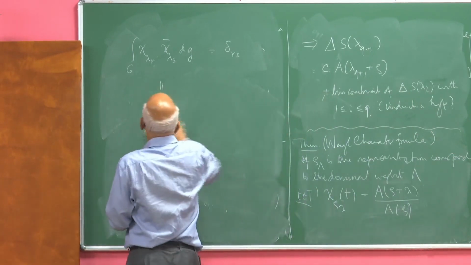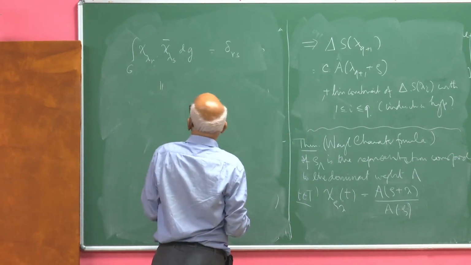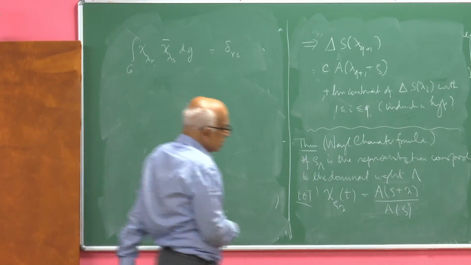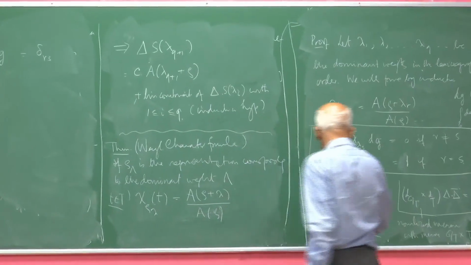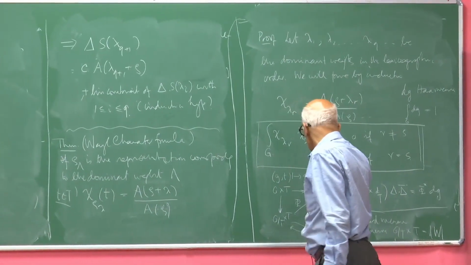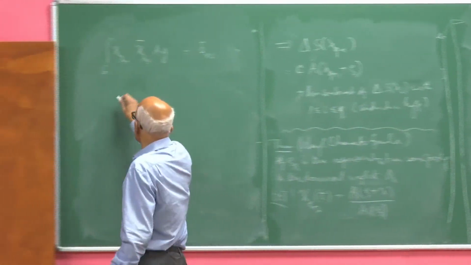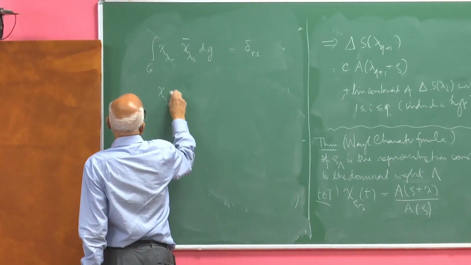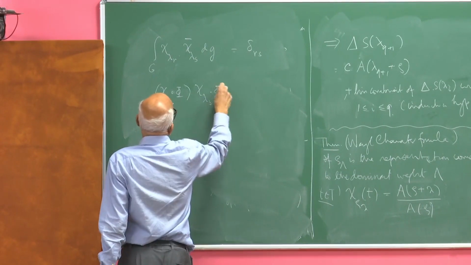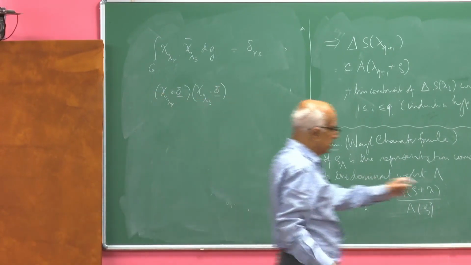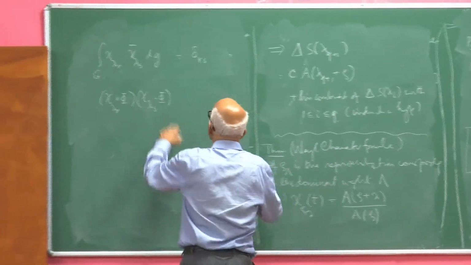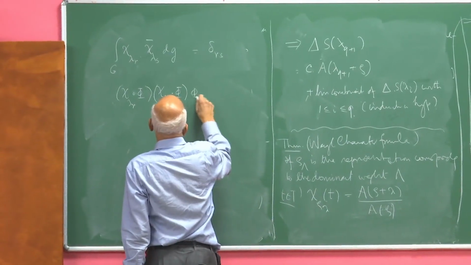You get a function which is independent of the variable in G mod T. So I write chi lambda r composed with phi times chi lambda s composed with phi, and dg pulls back to phi star of dg.